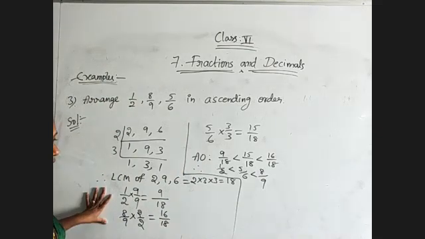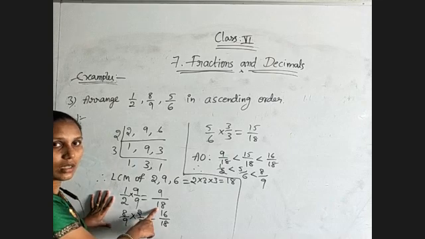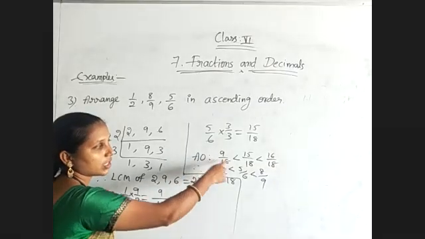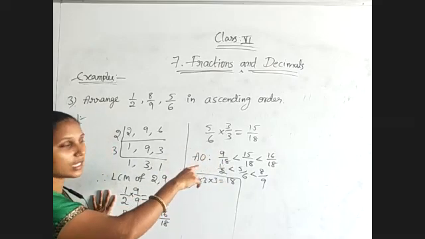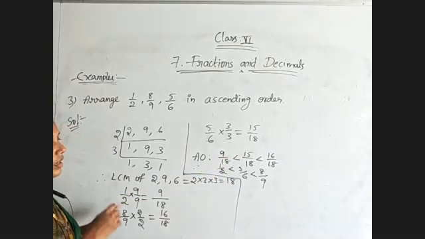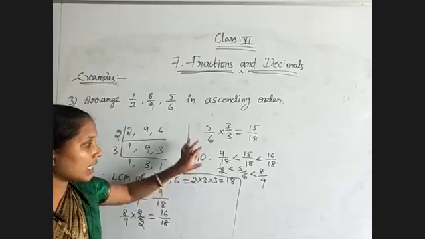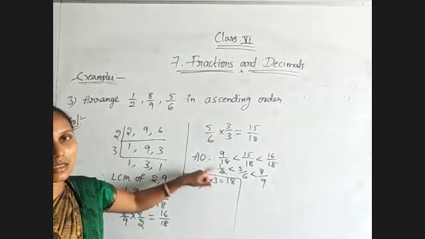And after getting the LCM of the denominators, write the equivalent fractions with that LCM only. After the conversion, arrange them in ascending order. Otherwise, if they ask for descending, then we need to keep the greater than symbol between the fractions. After writing the ascending order of the resultant fractions, write the original fractions. That's it.